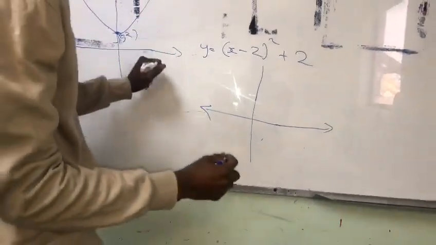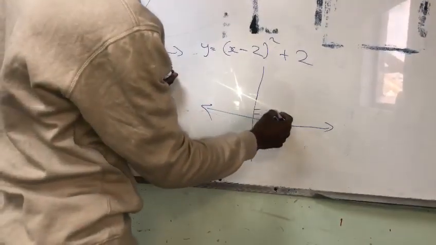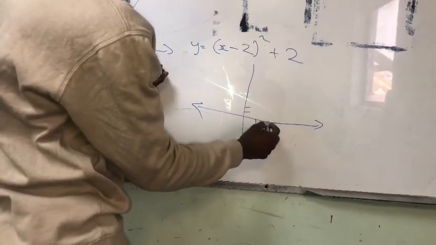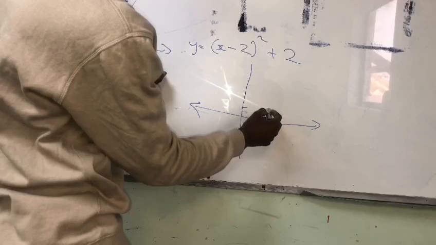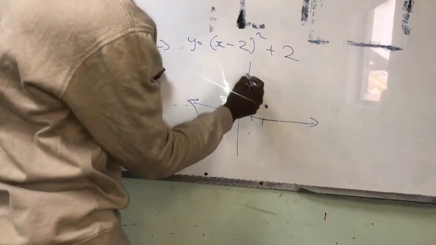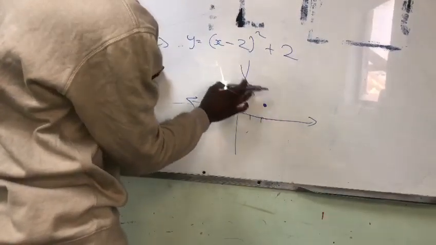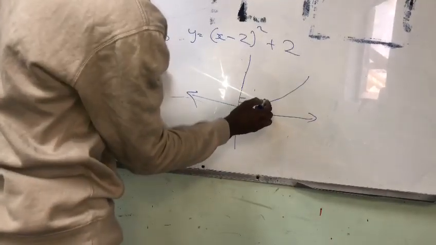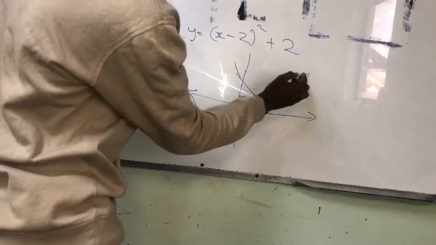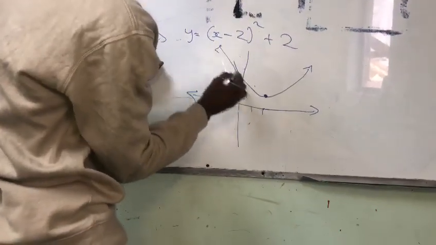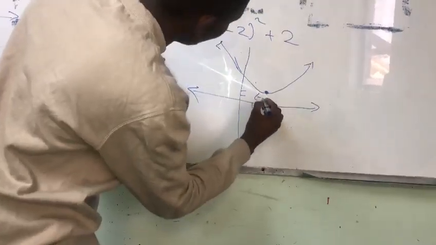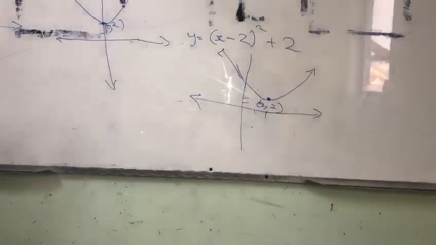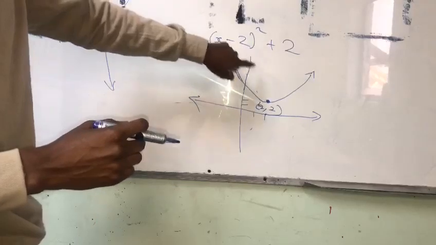It will be 2 units up, and it will move 2 units to the right, which means it will be somewhere here. Then our coordinates for the TP here will be 2 and 2. Right? Those are the effects of B and C.